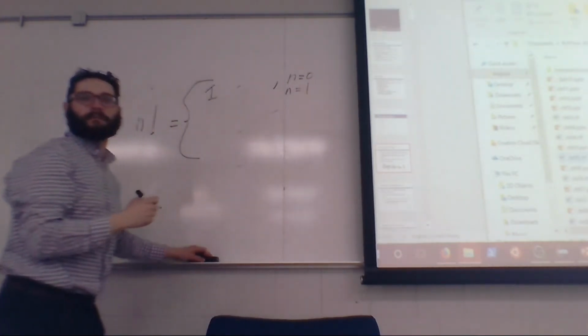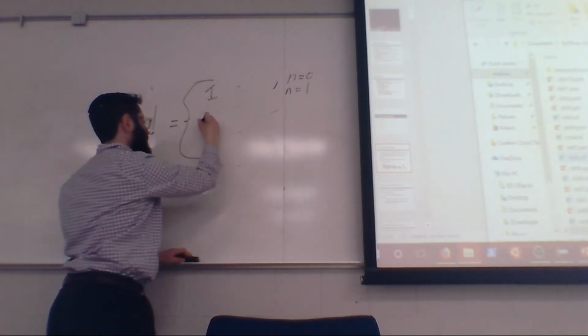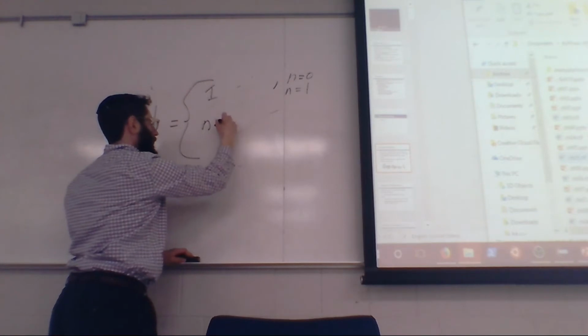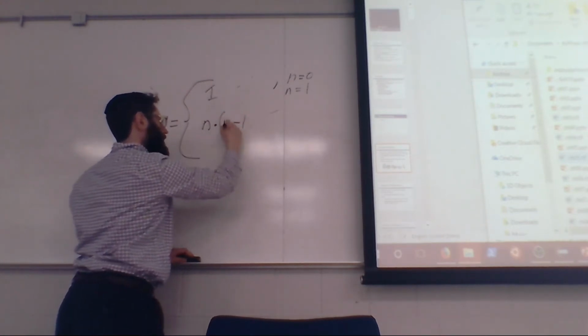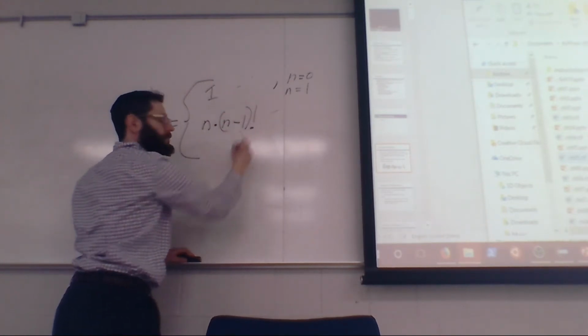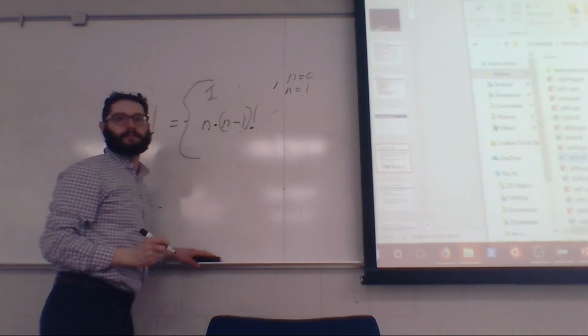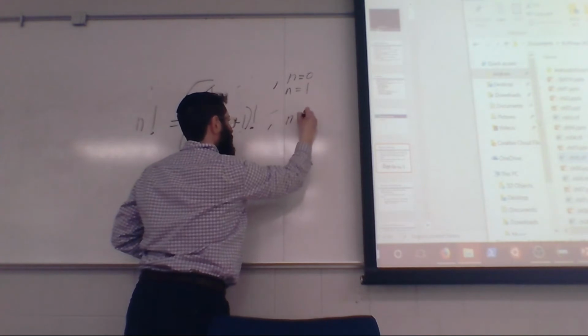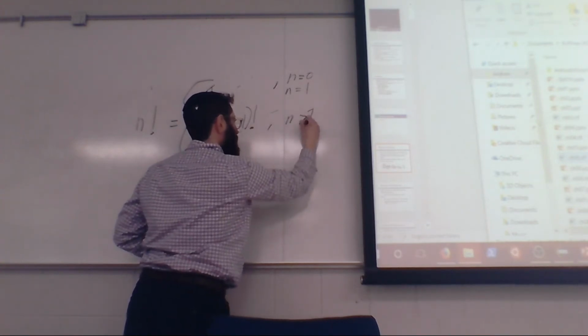Otherwise, n factorial is equal to n times (n minus 1) factorial, when n is greater than 1.